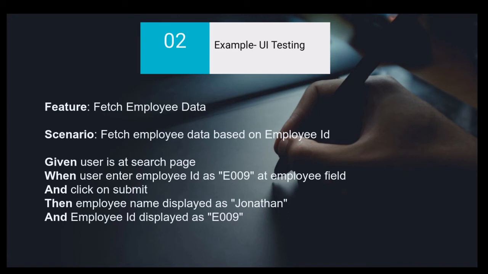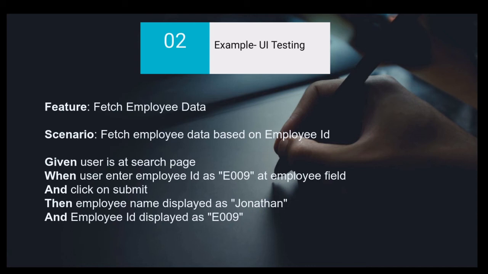Yes, in case of any error messages, we can mention those error messages over here at the end, again, like no record found, invalid data input, or something like that, whatever we have the requirement for. So these 2 examples are very basic examples to understand how we can start writing BDD test cases in Gherkin language.